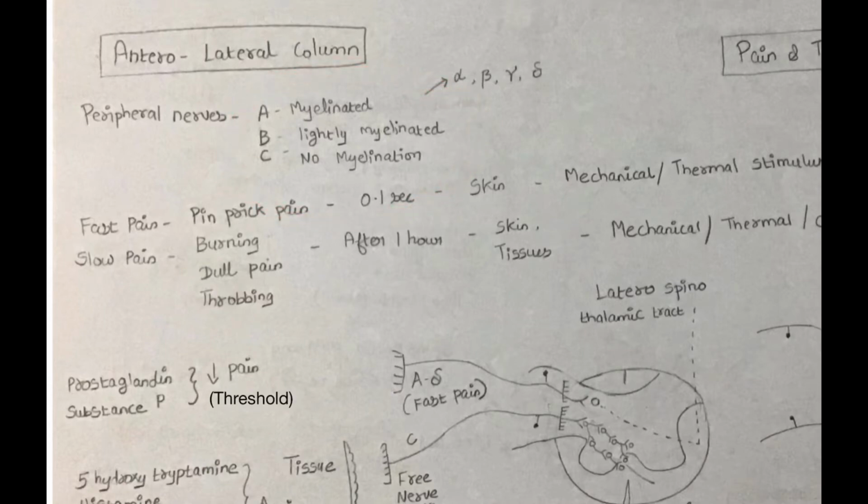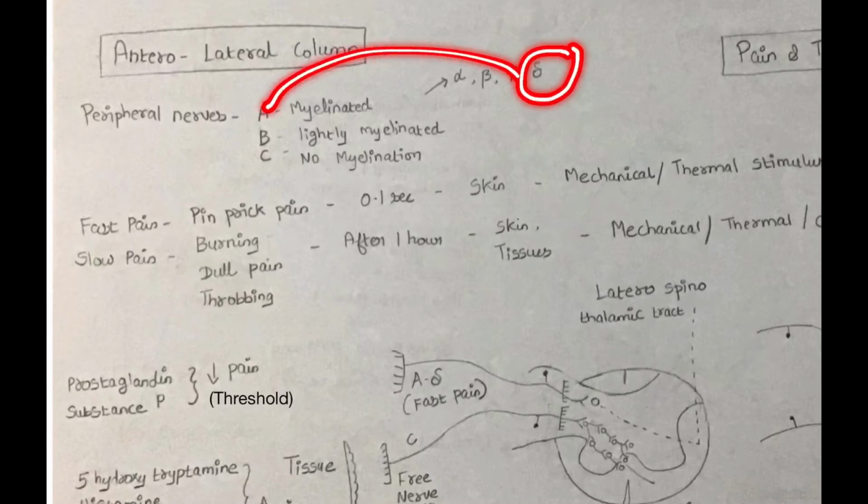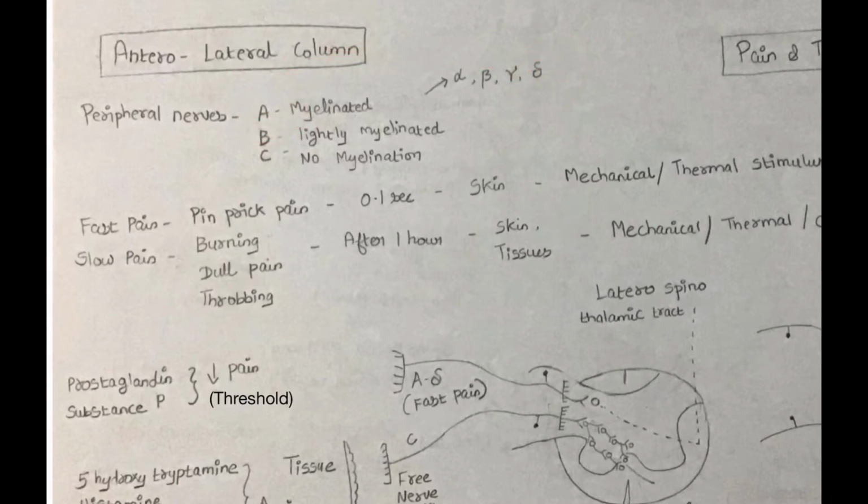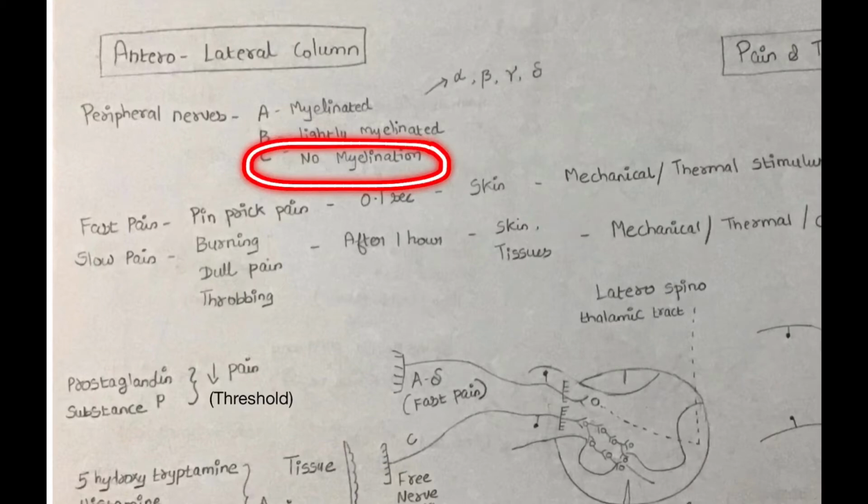So this delta fiber of the type A myelinated fibers is related to the transmission, that is the transport, of fast pain. And this C fiber, which has no myelination, is related to the transport of slow pain.